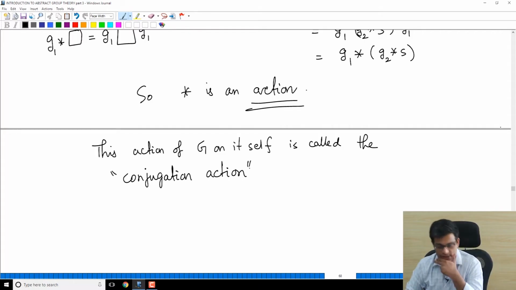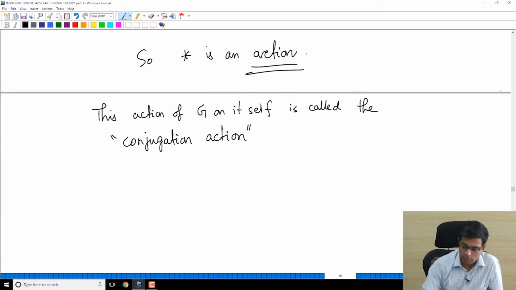The two actions that we have studied by G on itself are the left multiplication and conjugation, and both are extremely important because of the results that we can prove using these actions later. For now let me stop with examples here.